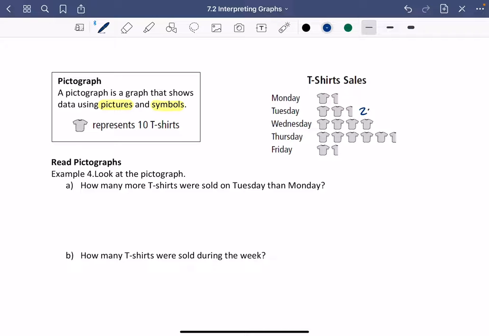I have 25 on Tuesday. And then on Monday, we have 10 and a half, so 10 plus 5, 15. So that will be 25 on Tuesday minus 15 on Monday, so 10 more t-shirts.